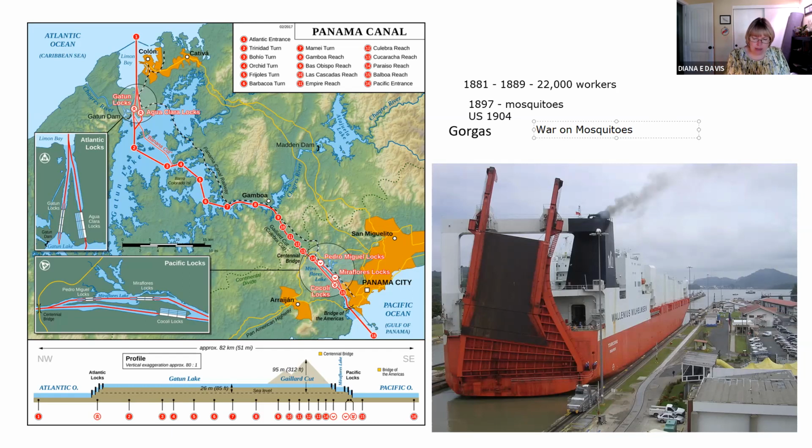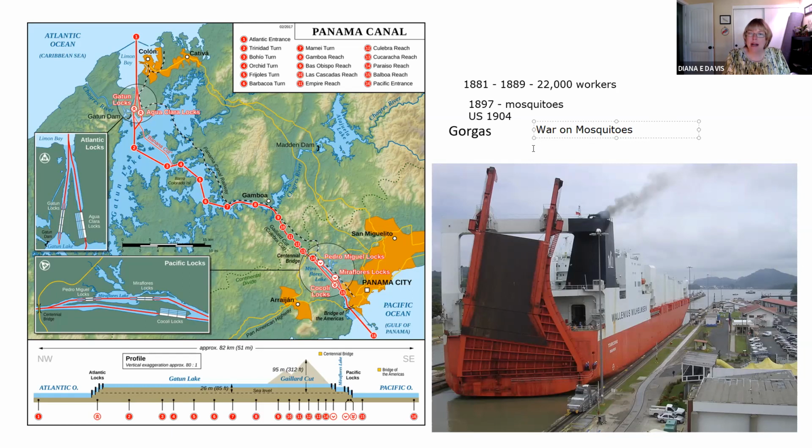Eventually, during the building of the canal, mosquito-borne diseases like malaria and yellow fever were almost completely eradicated from the canal zone. So the area where the canal is now and surrounding lands.